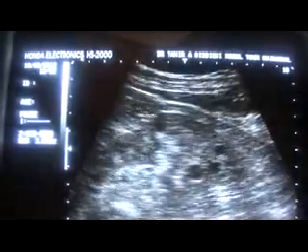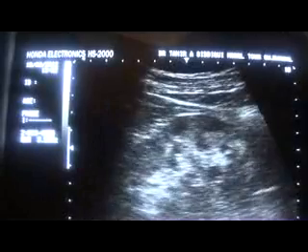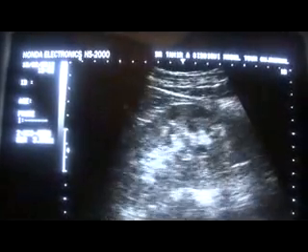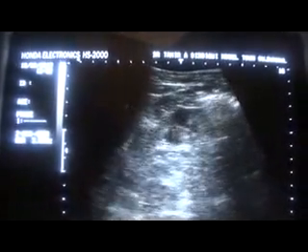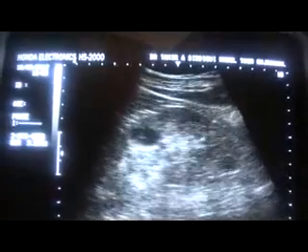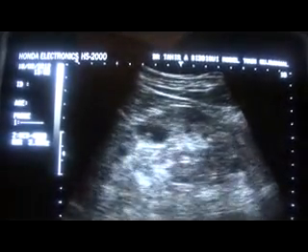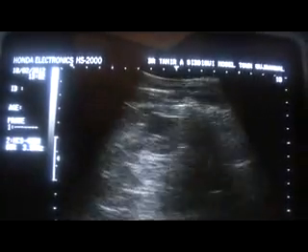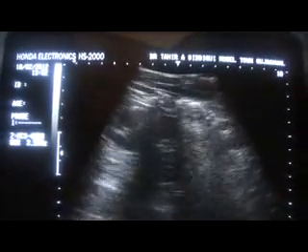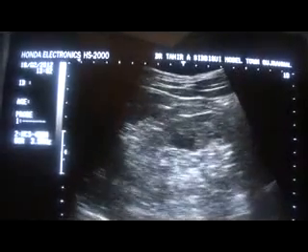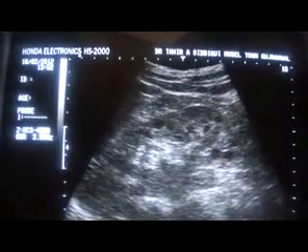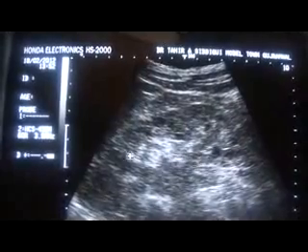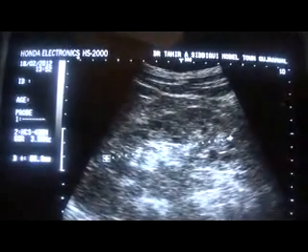The size of this kidney also appears to be within normal, and let's measure it. This is the length.